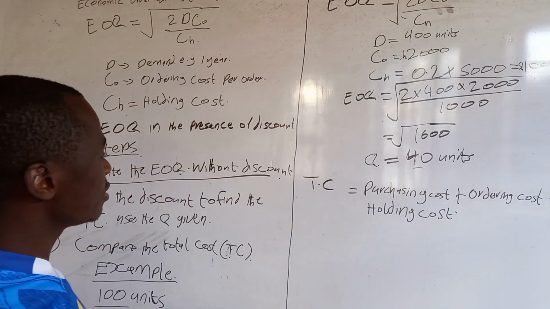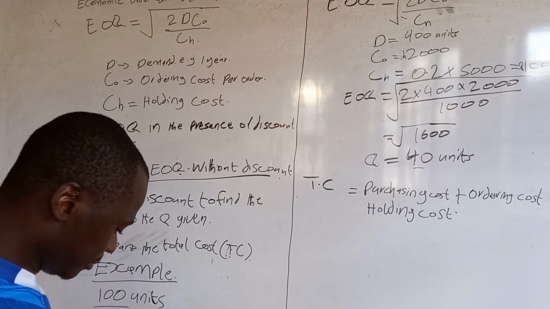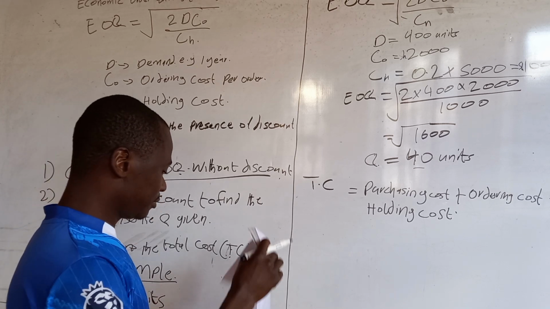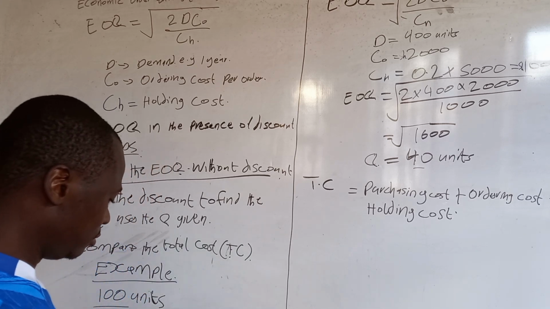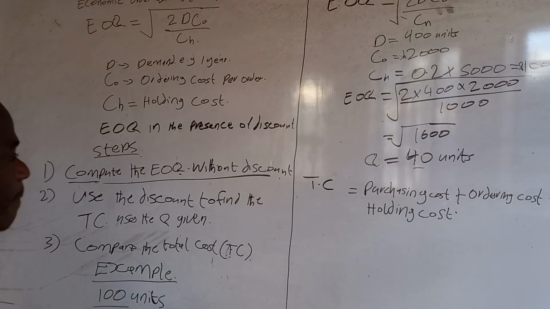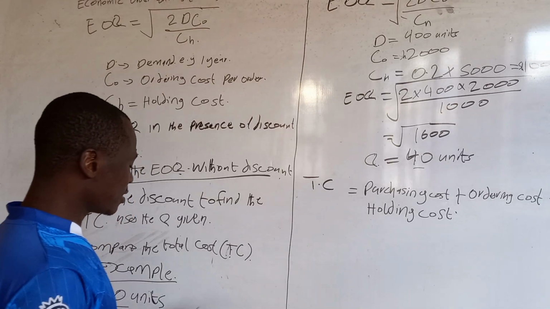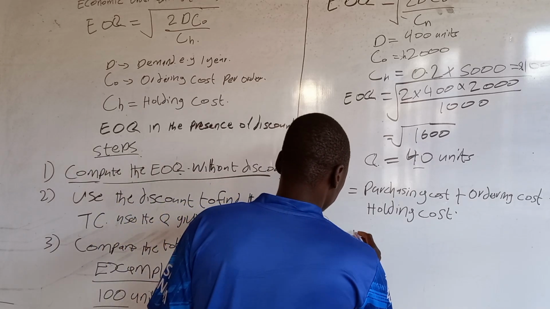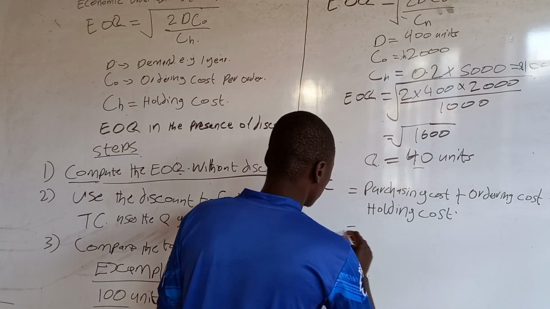That's what gives us the total cost. Now let's start with the purchasing cost.